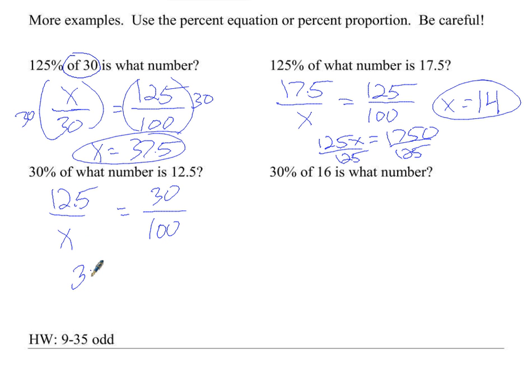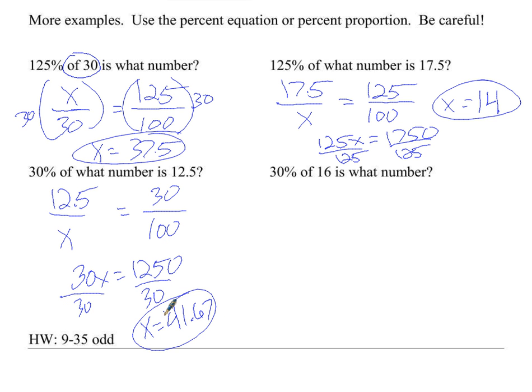Cross multiply and you get 30x equals 1,250. Divide both sides by 30. X equals 41.6 repeating. And we did wind up with something bigger.